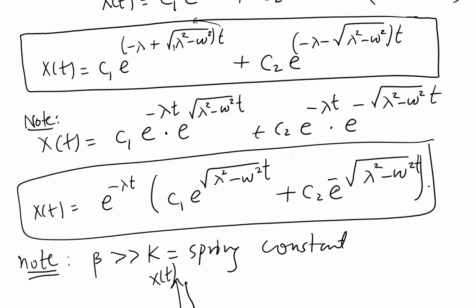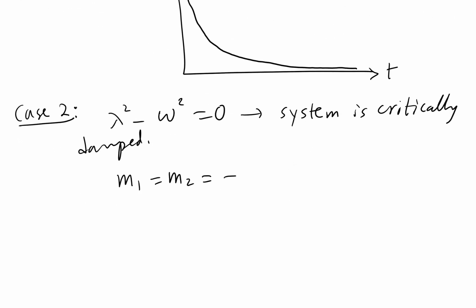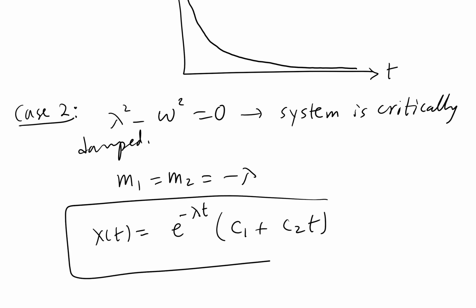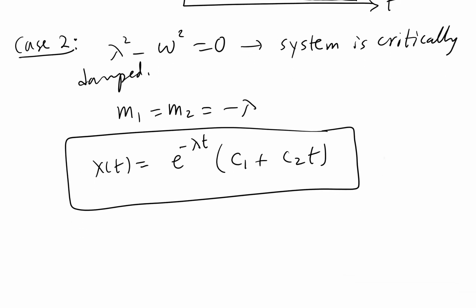So both m1 and m2 will be negative lambda. Now the solution to this x of t is going to be e to the negative lambda t, as I did earlier, times (c1 plus c2 t). That's the solution for this.